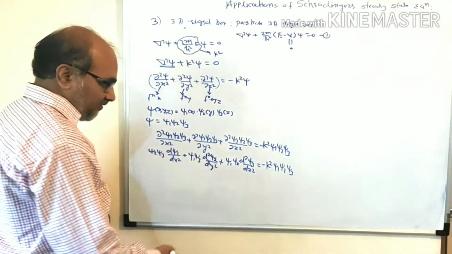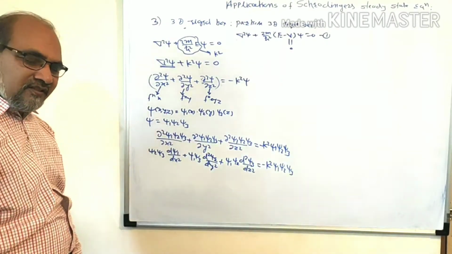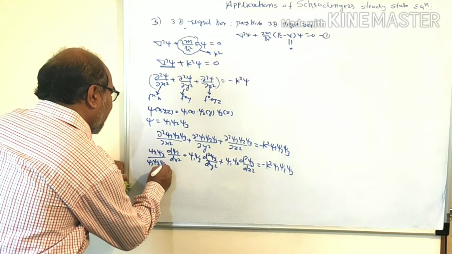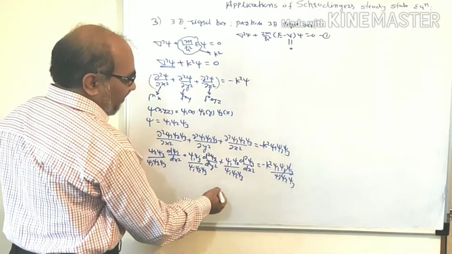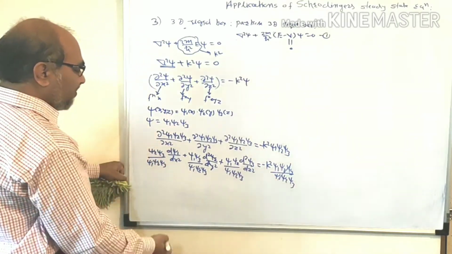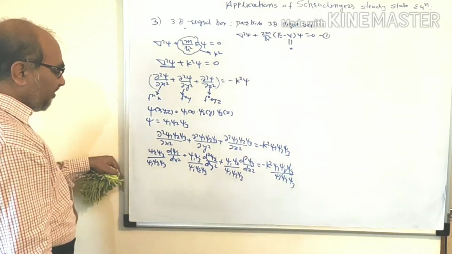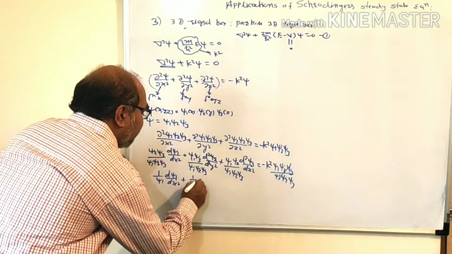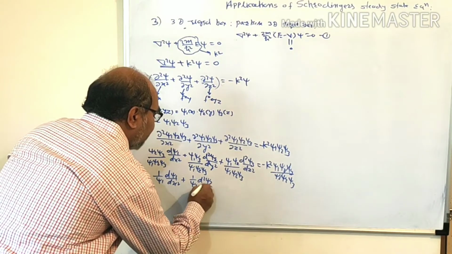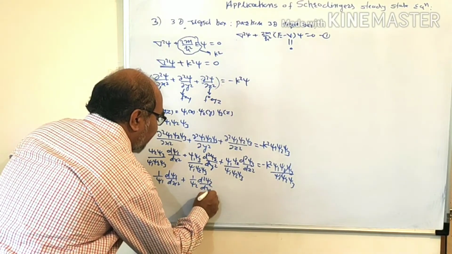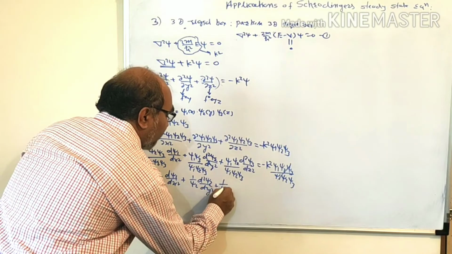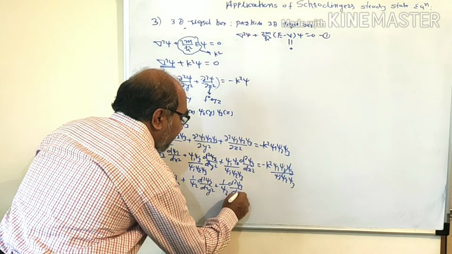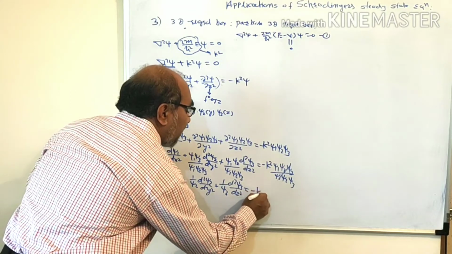So divide throughout this expression by psi 1 psi 2 psi 3. Psi 2 psi 3 cancel in the first term, psi 1 psi 3 cancel in the second, and we get 1/psi 1 ∂²psi 1/∂x² plus 1/psi 2 ∂²psi 2/∂y² plus 1/psi 3 ∂²psi 3/∂z² equal to minus k².